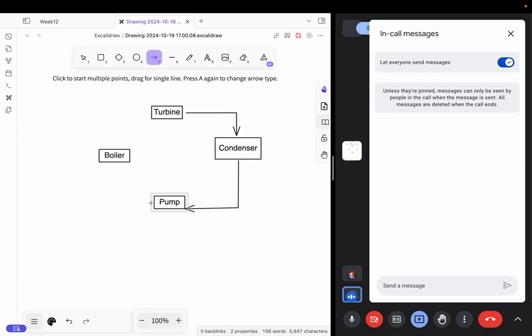And from the pump, it will go to the boiler. And from the boiler, it will again go to the turbine. This is a normal Rankine cycle without any regeneration.